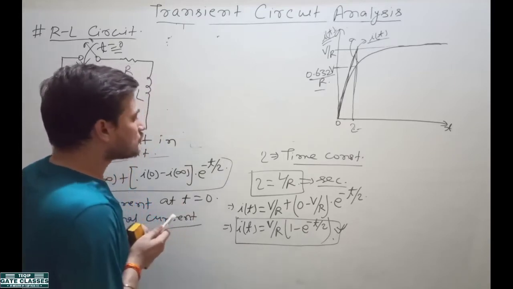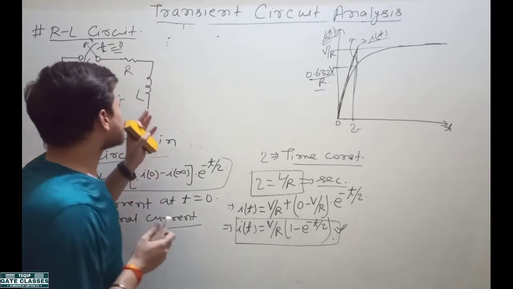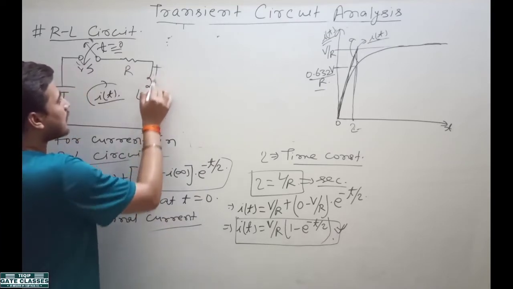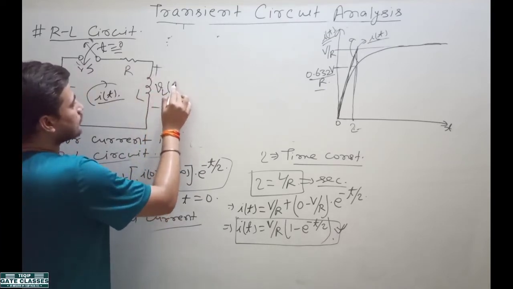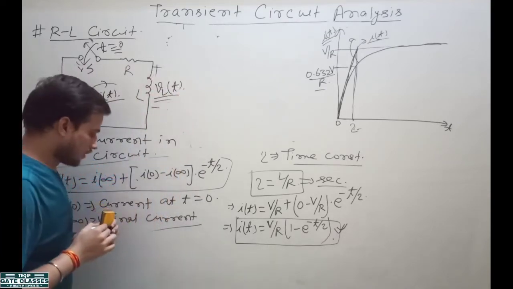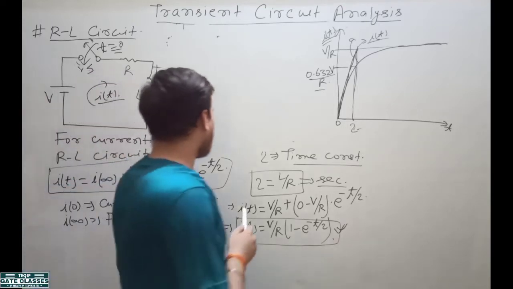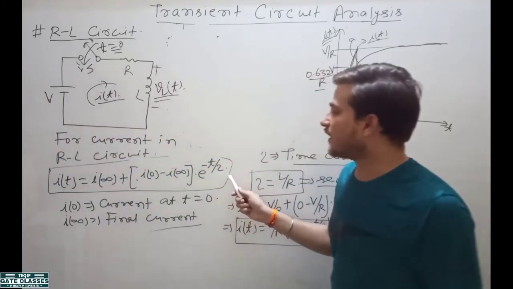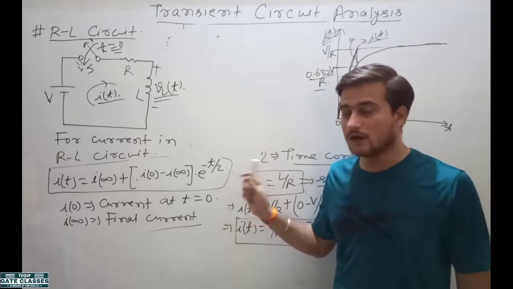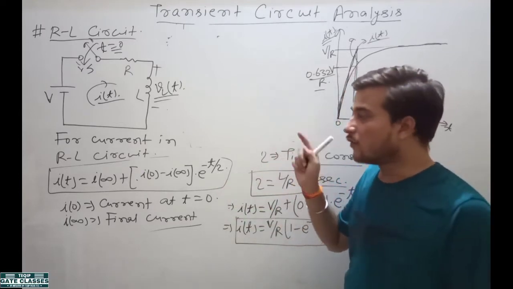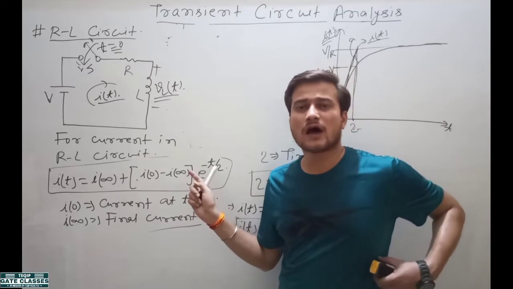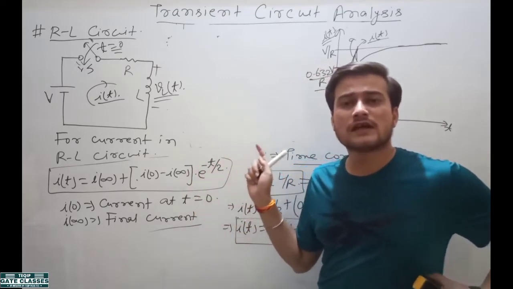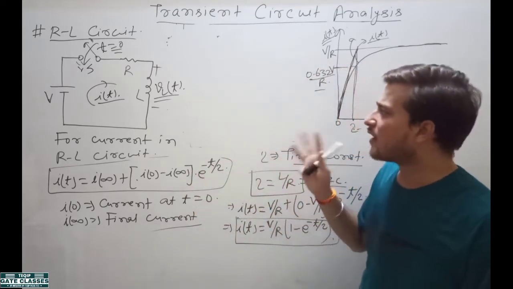Now you have to write the voltage across inductor, VL(t). So remember one thing, the formula I have written here is valid for current through inductor only. It is not valid for voltage across the inductor. Why is it not valid?